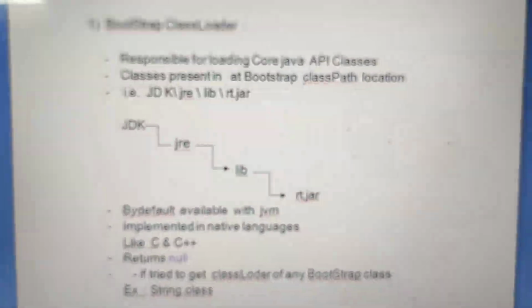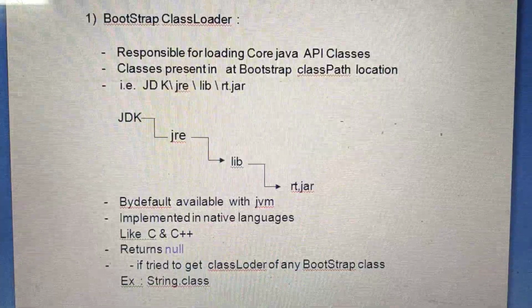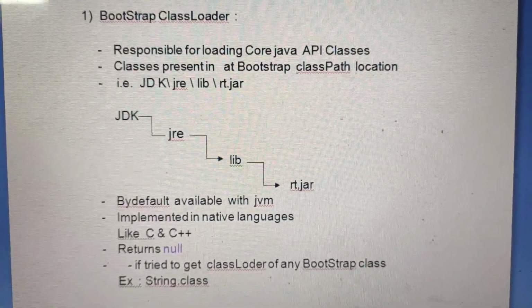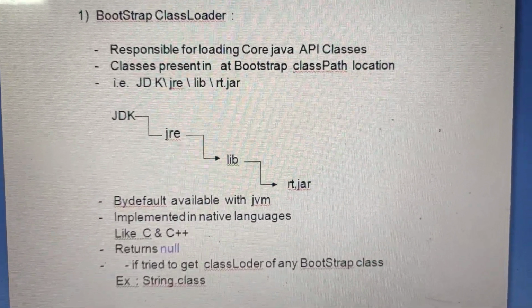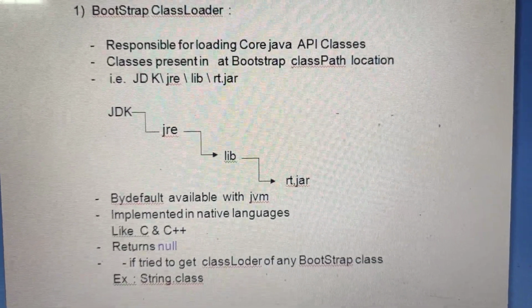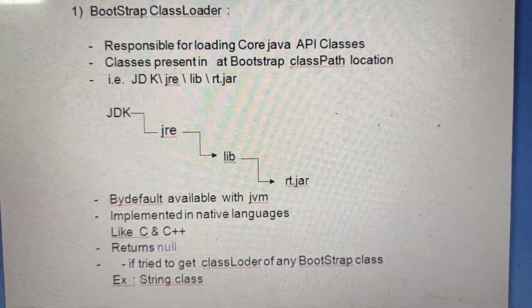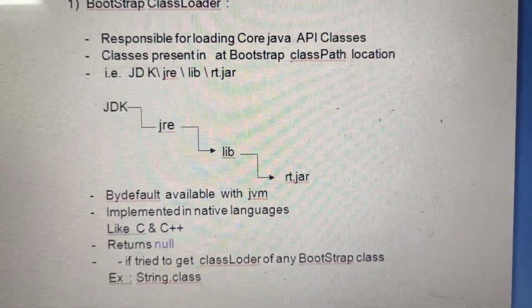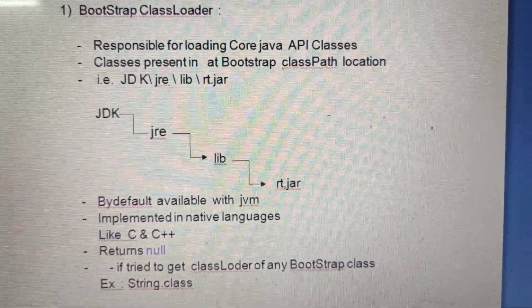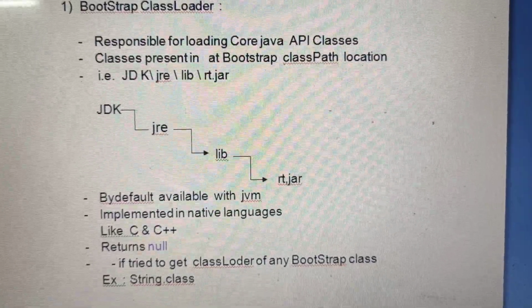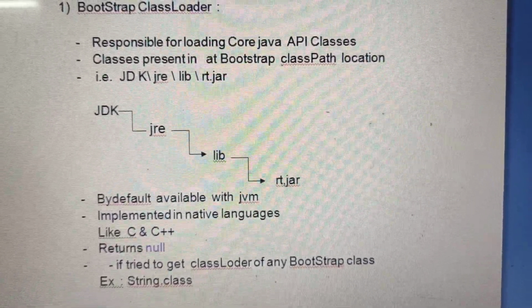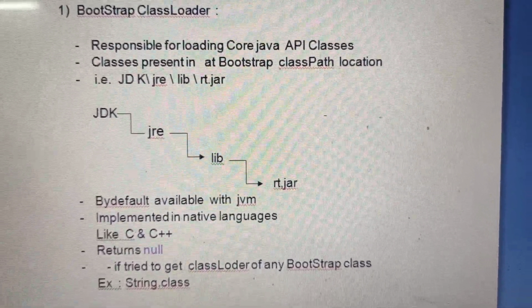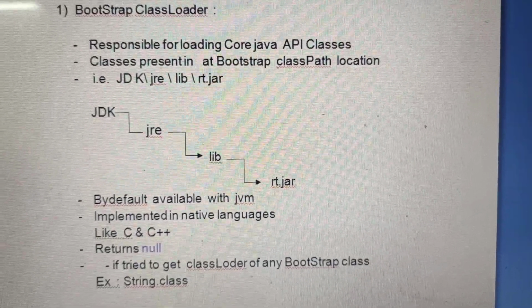Because of that, whenever we try to get the class loader of any core Java API class, we'll get a null value. As it is implemented in other languages like C and C++, Java cannot return the object of classes implemented in those languages.